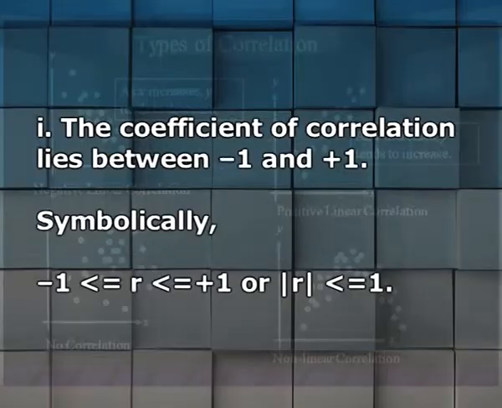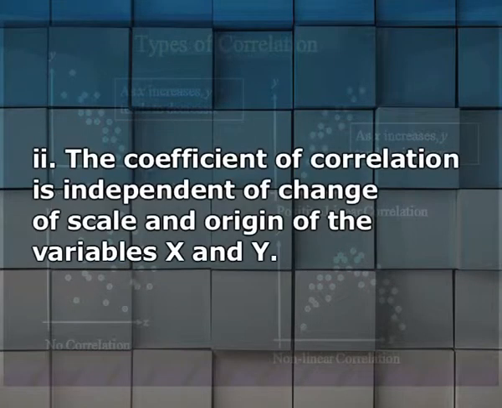The following are the important properties of the correlation coefficient r. The first one, the coefficient of correlation lies between -1 and +1. Symbolically, -1 is less than or equal to r, which is less than or equal to +1, or we can say the absolute value of r is less than or equal to 1. Now the second point.